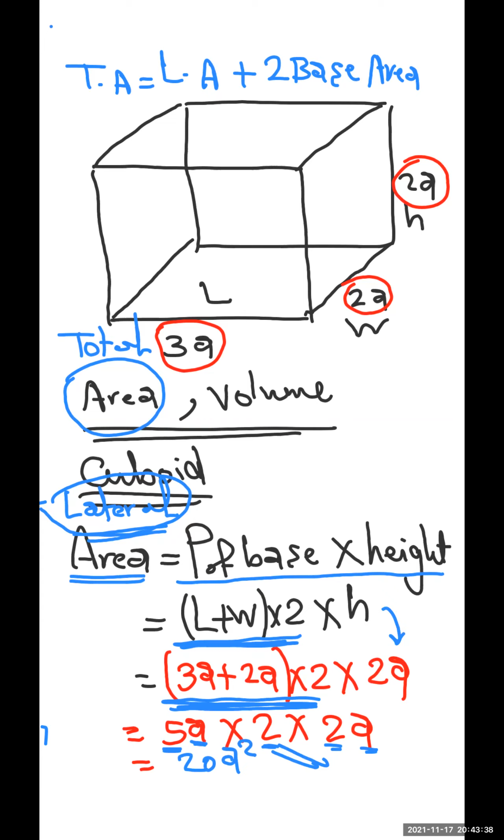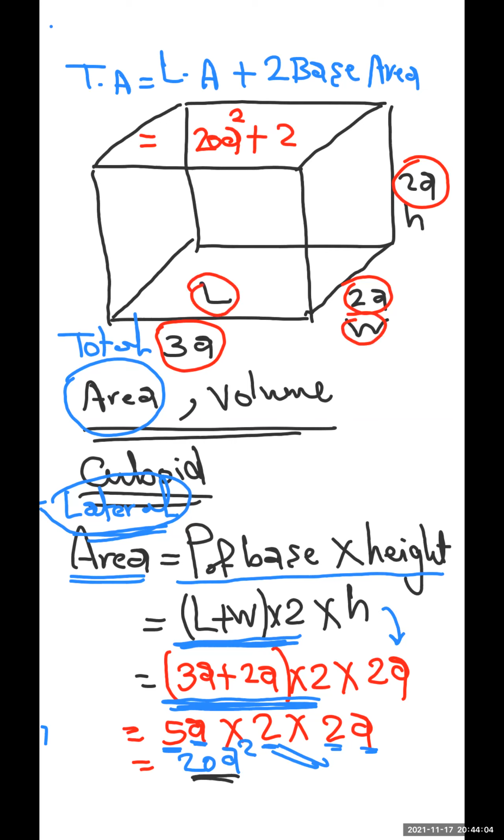Now, the total area is the lateral area, which we got right now. It's 20a squared. Total area now will equal 20a squared plus 2 times base area. The base area, it's a rectangle, length times width.